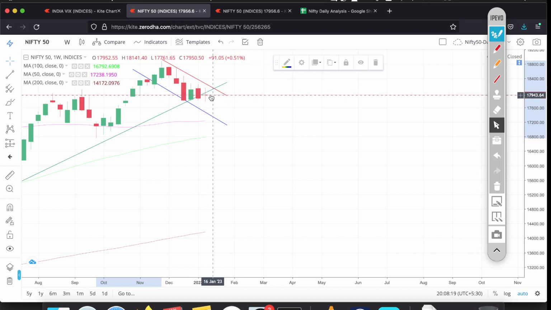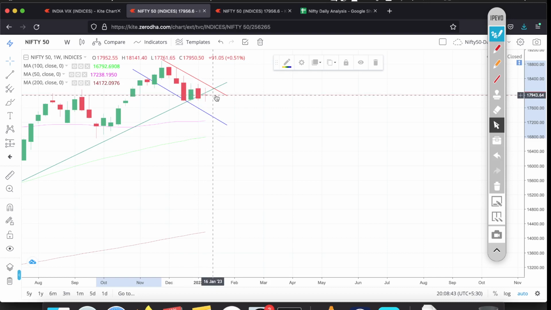So this weekly candle shows clear indecision between the bulls and bears. This is not a reversal or harami yet because technically it is a harami, but given the context, the previous three candles have been more or less sideways candles, so this is not a reversal sign.